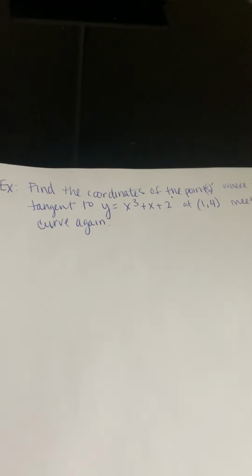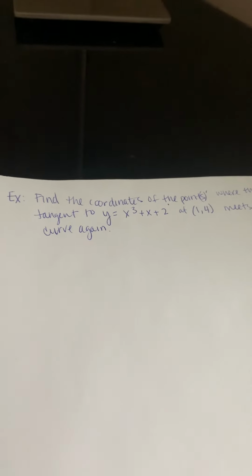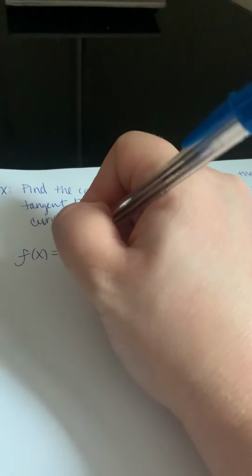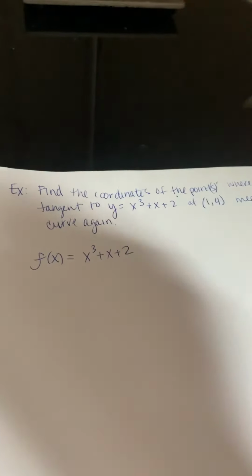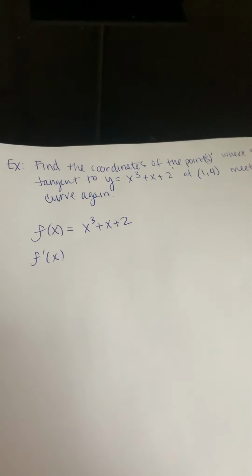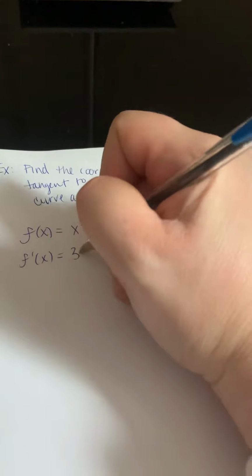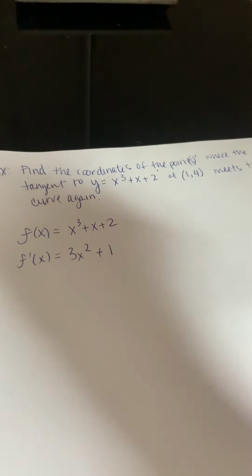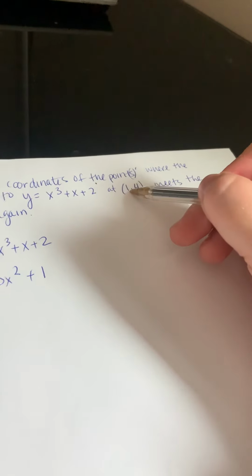Okay, so in order to do that, we're going to say f of x equals x cubed plus x plus 2. We have to take our derivative, because that's how we're going to find the tangent line, equals 3x squared plus 1. And now we know that we're plugging in 1 into this.